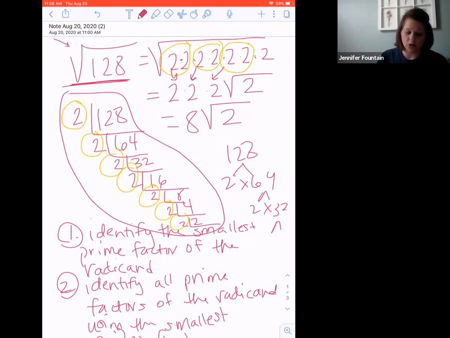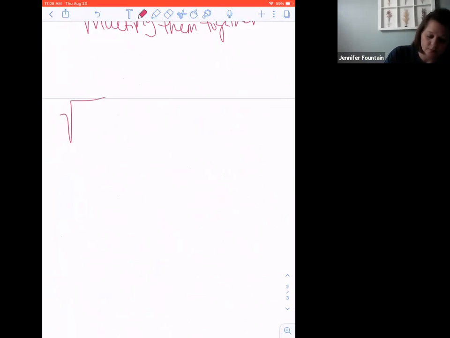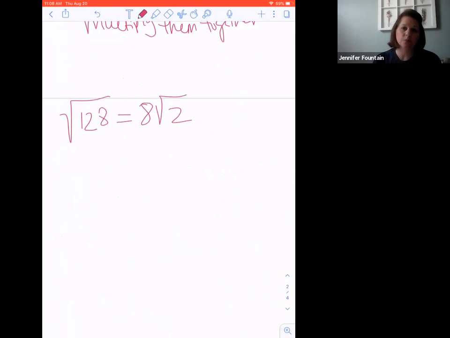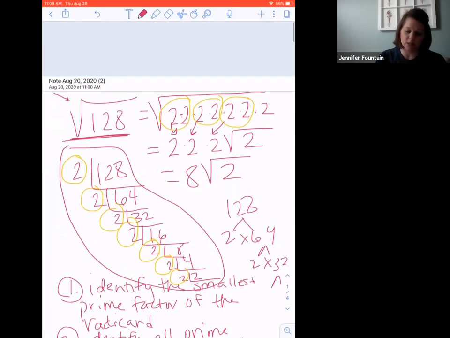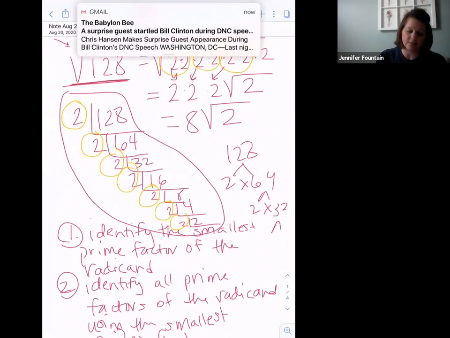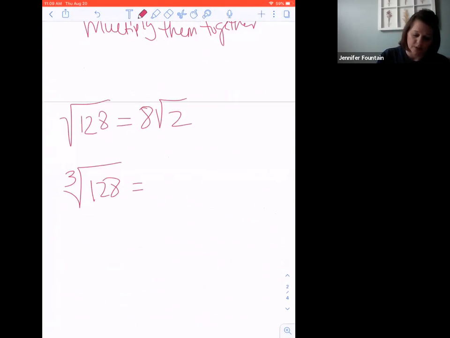I'm going to come down here, and we found that the square root of 128 equals 8 times the square root of 2. Let's look at how the cubed root of 128 would be different. I'm not going to go through the whole thing that we just did. So I had 1, 2, 3, 4, 5, 6, 7 2s. So I would have the cubed root of 1, 2, 3, 4, 5, 6, 7.